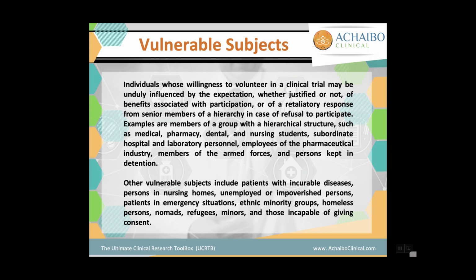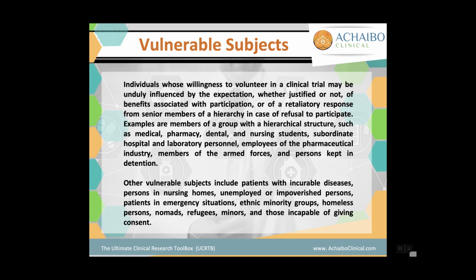Individuals whose willingness to volunteer in a clinical trial may be unduly influenced by the expectation, whether justified or not, of benefits associated with participation or of a retaliatory response from senior members of a hierarchy in case of refusal to participate. Examples are members of groups with a hierarchical structure, such as medical, pharmacy, dental, nursing students, subordinate hospital and lab personnel, employees of the pharmaceutical industry, members of the armed forces, and persons kept in detention.